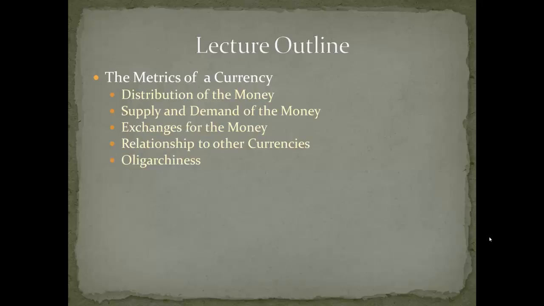So the term oligarchalness I tend to use to describe to what level small groups have an influence or control over a currency. So in terms of a high oligarchalness currency, that would be the case where a small group of people can have a dramatic impact upon the money.